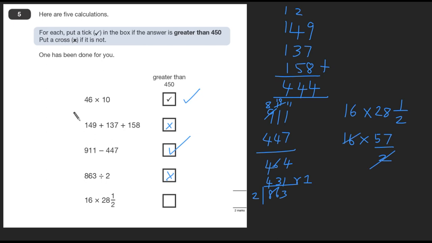Now 2 goes into 16 is 8. 8 times 57, so 57 times by 8, right? 8 times 7 is 56, 5 remaining. 8 times 5, 40, 40 plus 5 is 45, 456. So that is a tick.